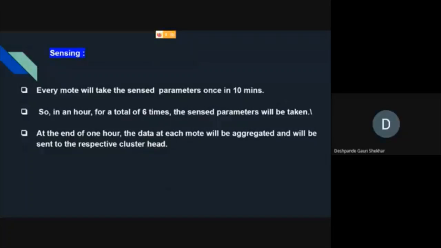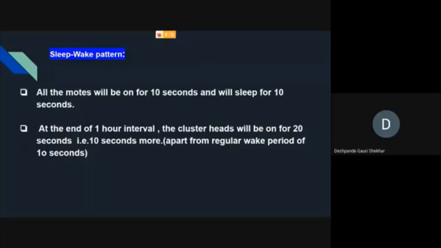For energy conservation in our WSN, we are implementing a sleep-wake pattern. In that sleep-wake pattern, all the nodes will be on for 10 seconds and will sleep for 10 seconds. At the end of the 1 hour interval, the cluster heads will be on for 20 seconds.